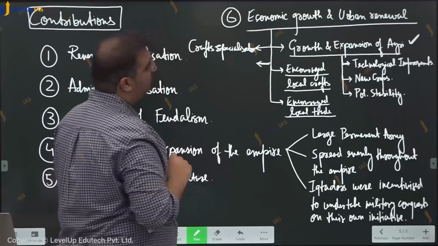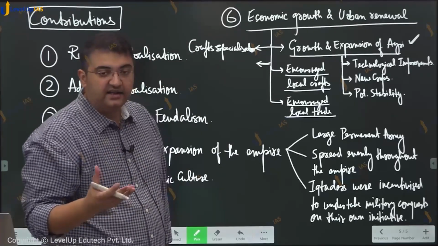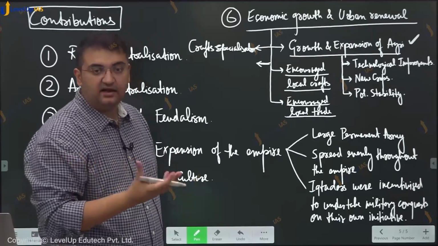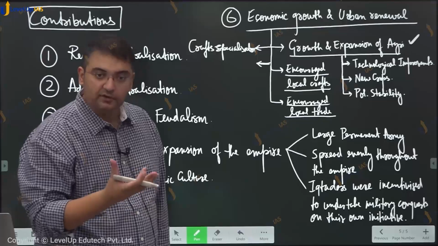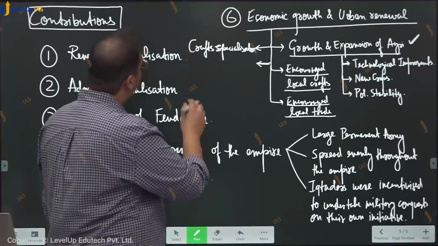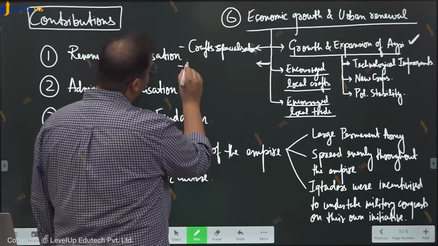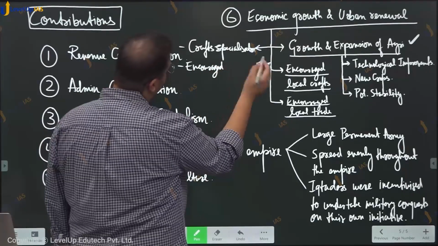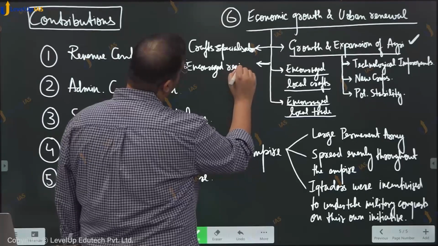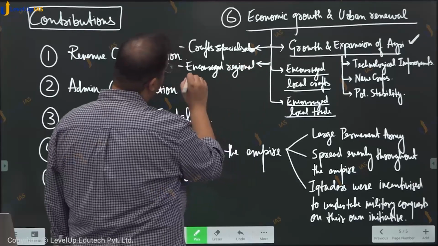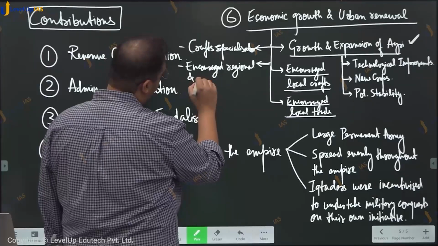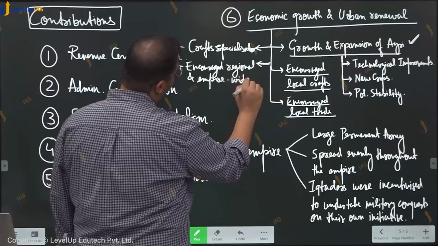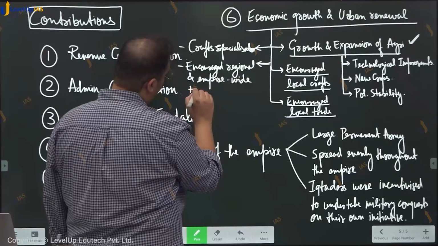And since the Iqta system had played a very important role in pacifying the countryside and maintaining the political unity of North India under the Sultanate, it also began encouraging regional and later empire-wide trade.